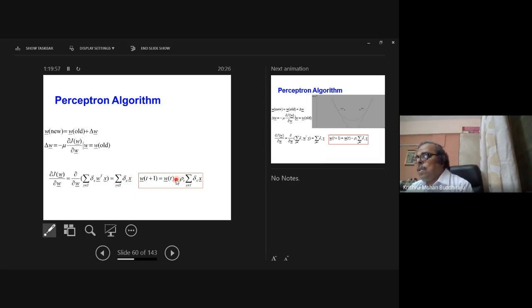So you put a minus symbol, and this is a rate parameter, a step size parameter. Usually you change the weights very rapidly in the beginning, and then as you approach convergence, you want to take smaller steps so that you don't overshoot the minimum.